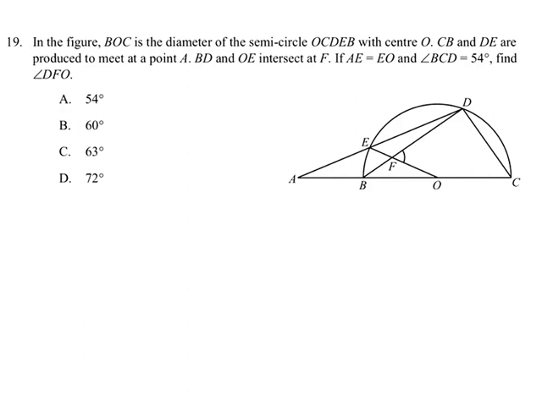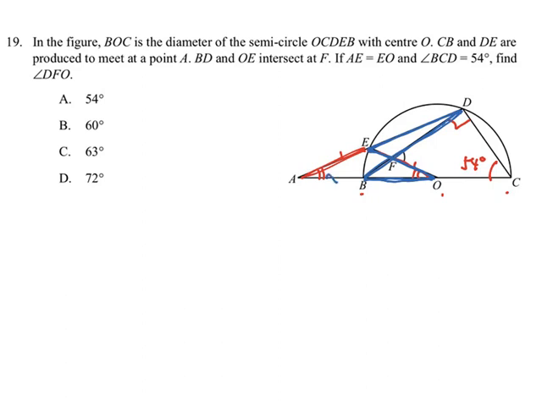Next question is about the circle. BOC is a diameter, so we know it is a right angle. And AE is equal to YO, so the sides are the same and the angles are also the same. BCD is 54 degrees. Actually, we can know this angle and this angle, because it is a center angle and a circumference angle, so one is twice the other.